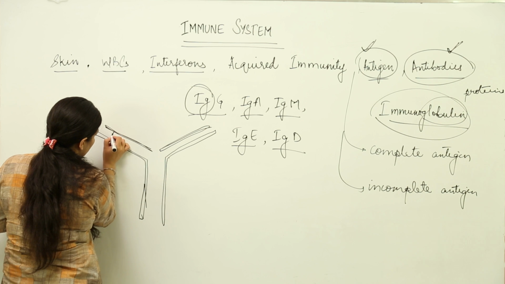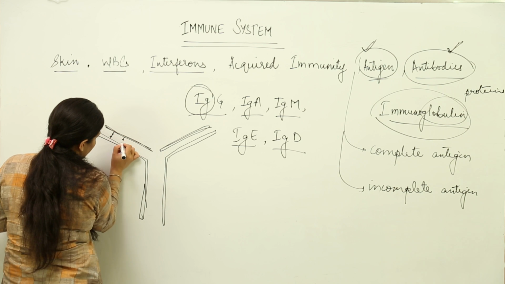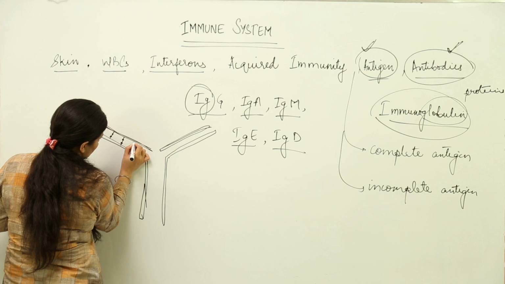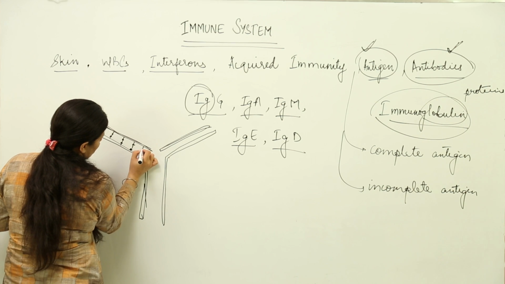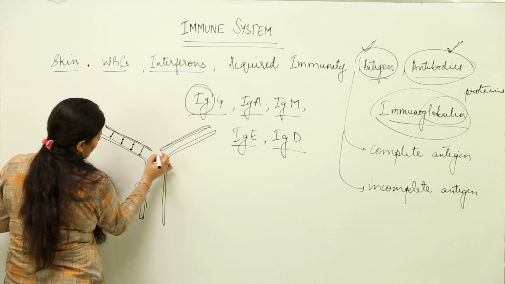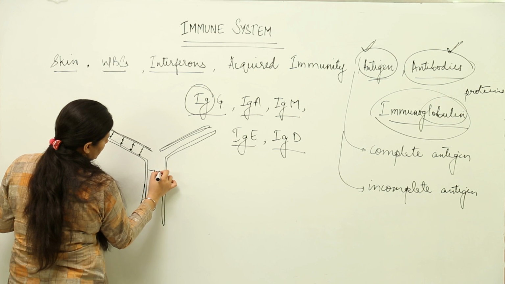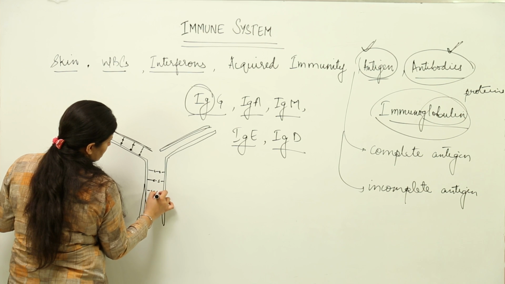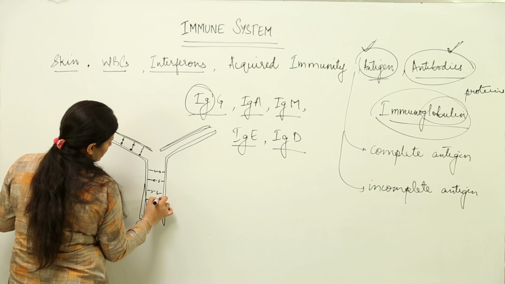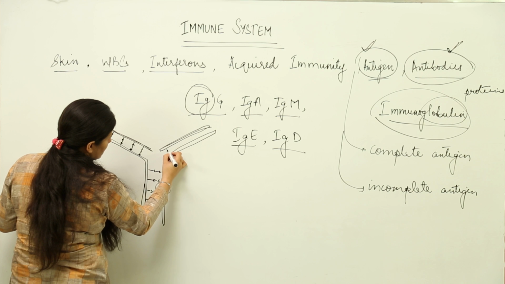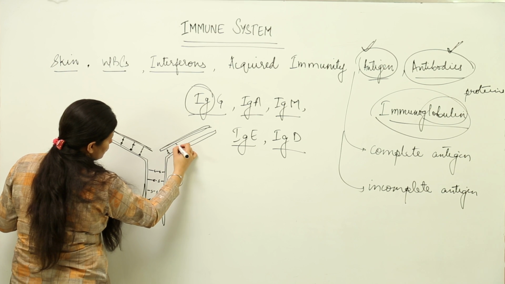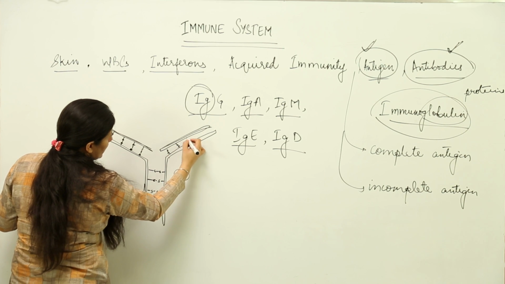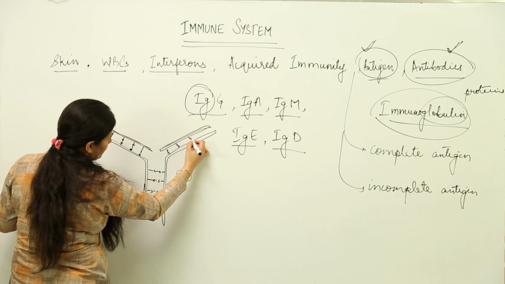Okay, these are the disulfide bridges which join the light chain and heavy chain. Of course, the chains are of proteins, so we have this arrangement of antibodies. Okay, the structure is known as L2H2, 2 light, 2 heavy.